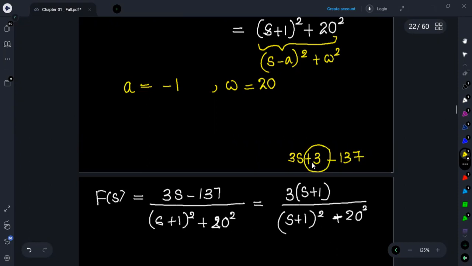If we add something into some expression, we need to reduce that thing, otherwise the equality of the expression will change. So minus 137 minus 3 becomes minus 140. We can obtain it in this way.